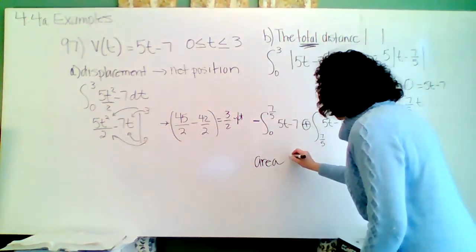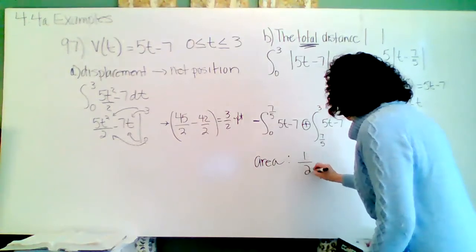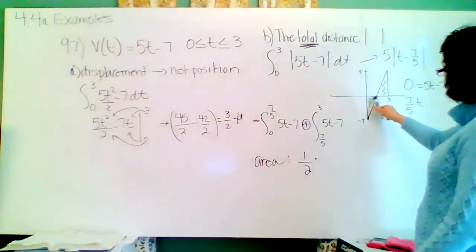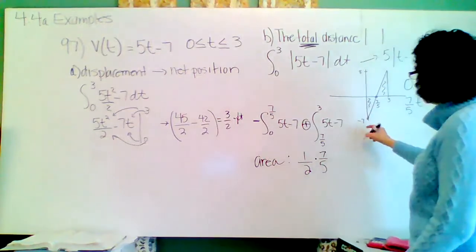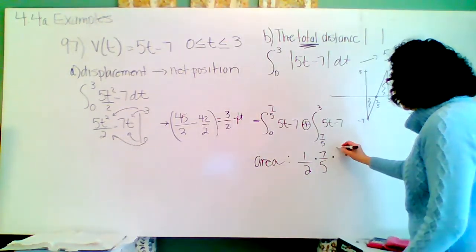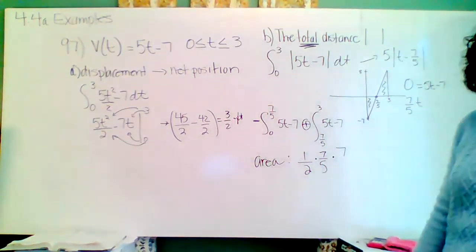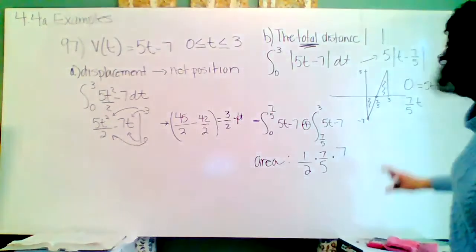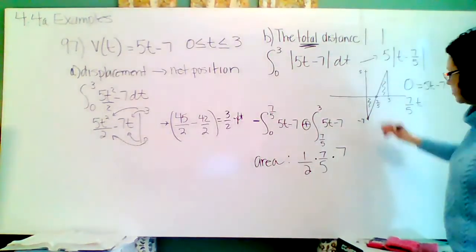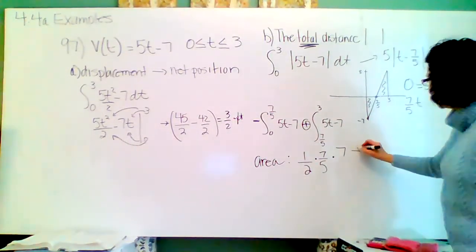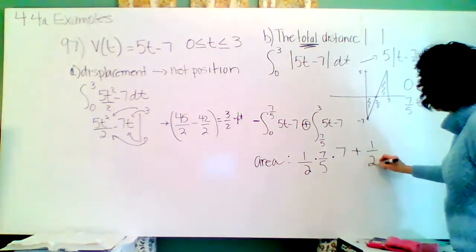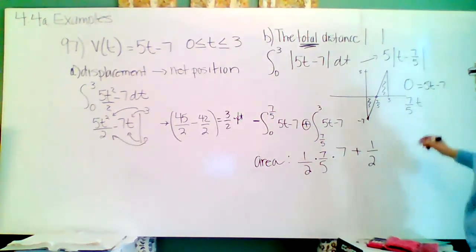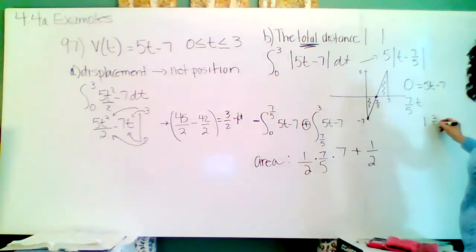I have 1/2. My base is 7/5, and my height is -7. However, I'm going to make that positive because this area needs to be positive. I'm doing the absolute value. Plus, let's find this area. That's 1/2. Okay, 7/5. That's 1 2/5 to 3.